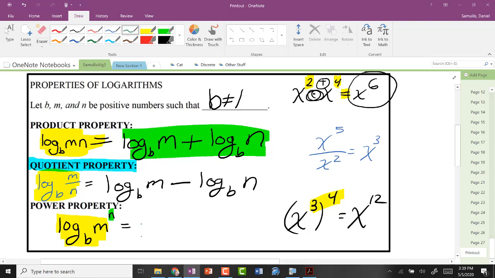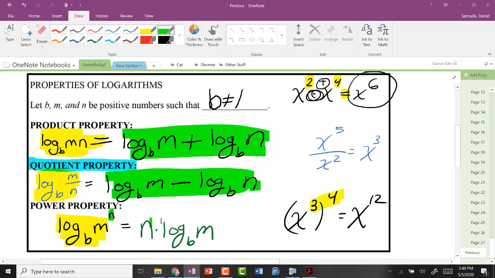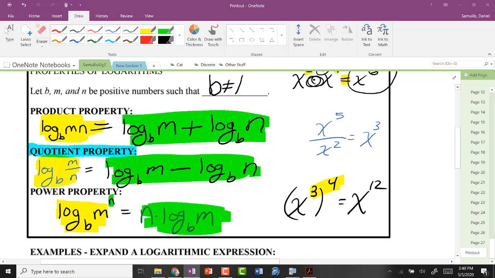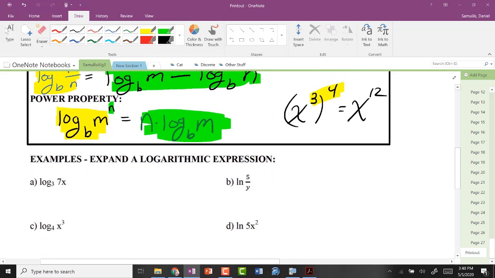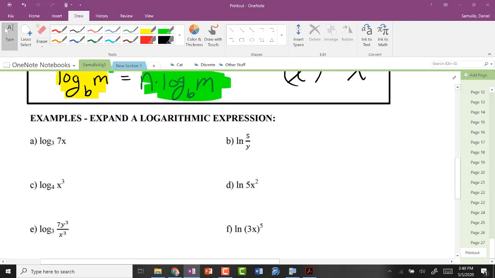So you know what it looks like? n times log base b of m. All right, so once again, the yellow version is what's called the condensed version. This green version is called the expanded version. Today all we're working on is expanding them.